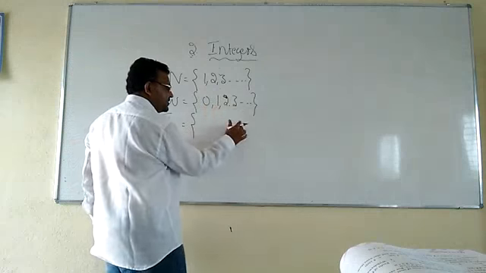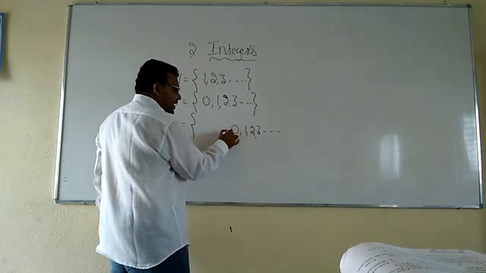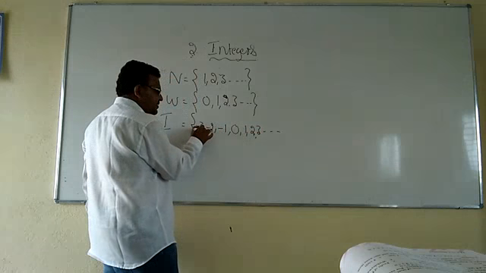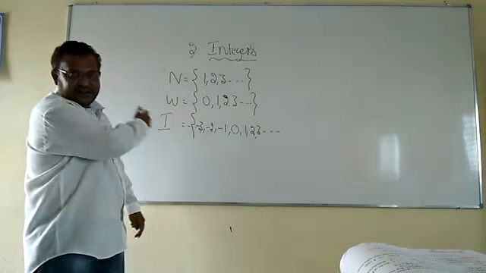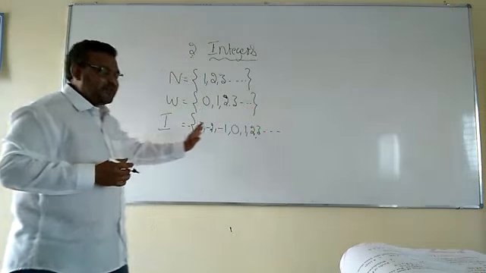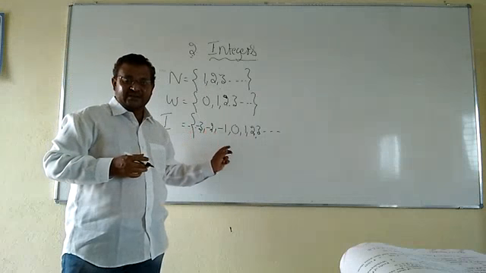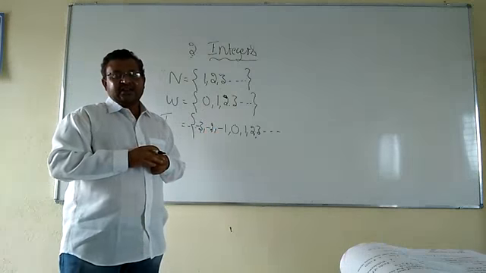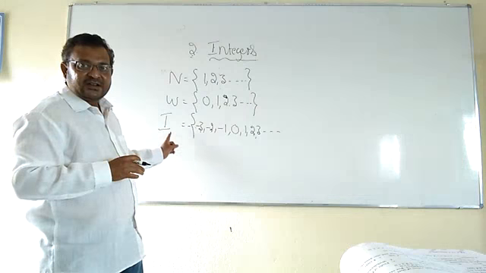That means whole numbers will be as they are, 0, 1, 2, 3, and so on, and along with this, negative numbers are also included in this set, and so on infinitely. So you have positive numbers infinitely, and negative numbers also infinitely, in this set. It means all positive numbers, all negative numbers along with 0 is said to be the integer set. So that integer set is denoted by letter I.